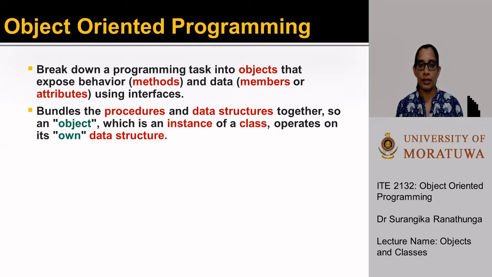More specifically, in object-oriented programming, we don't have separate procedures or data structures. What we have is an object that bundles these procedures and data structures together. Of course, these procedures and data structures should be related to the object. And these procedures will be executing on the data structures within the object, in most cases.